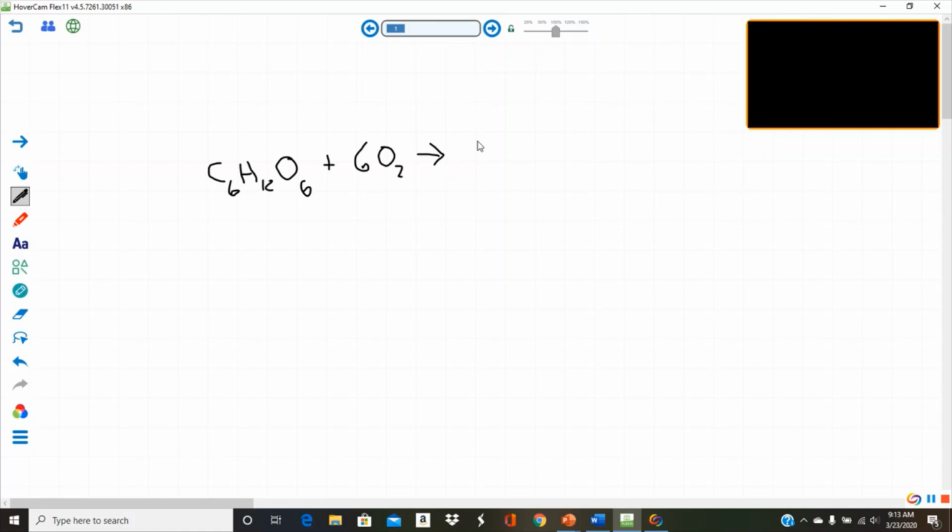We talk about glycolysis, citric acid cycle, oxidative phosphorylation, and these 3 chemical reactions occur in conjunction with the mitochondria or in the mitochondria.